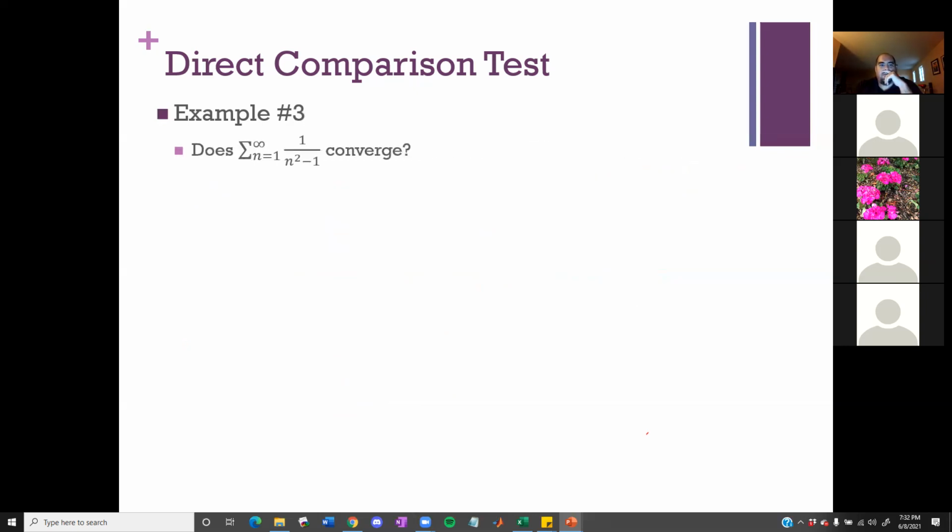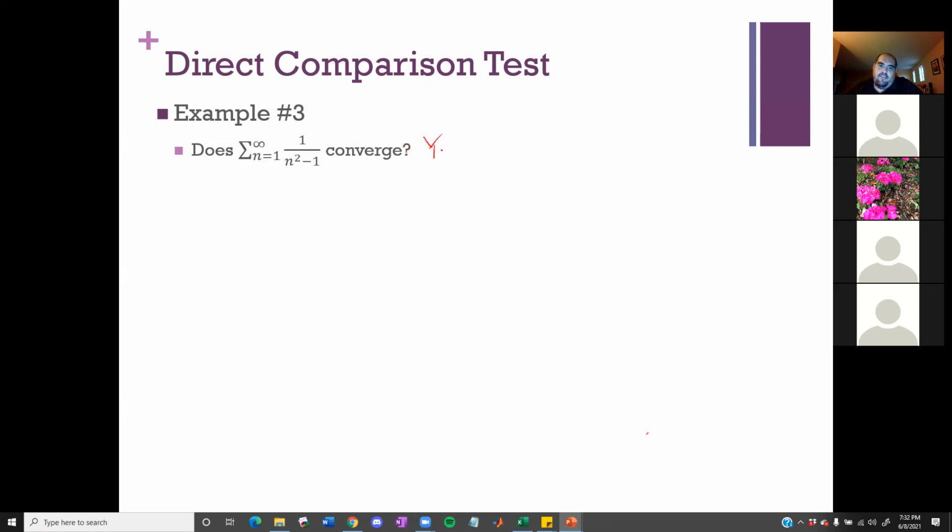How about this one? 1 over n squared minus 1. Do we think that converges? Yes.